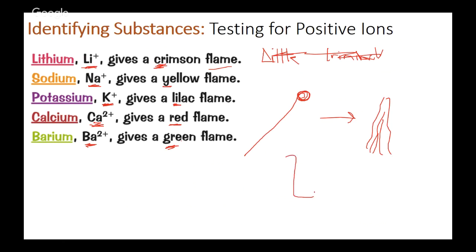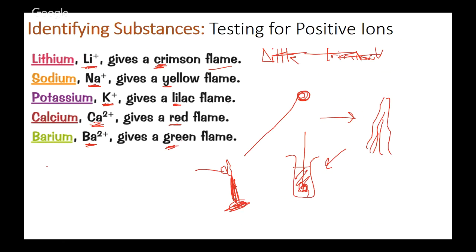You would then dip it into your solution containing your metal or into your powder, and put that back into your Bunsen flame. And the flame would go the colour of the metal: crimson, yellow, lilac, red, and green.